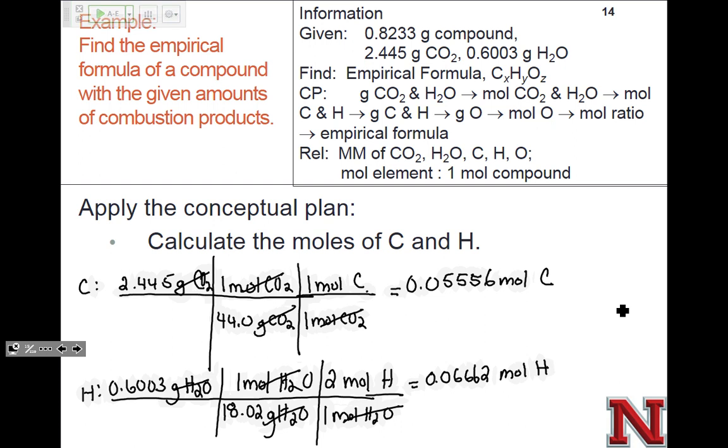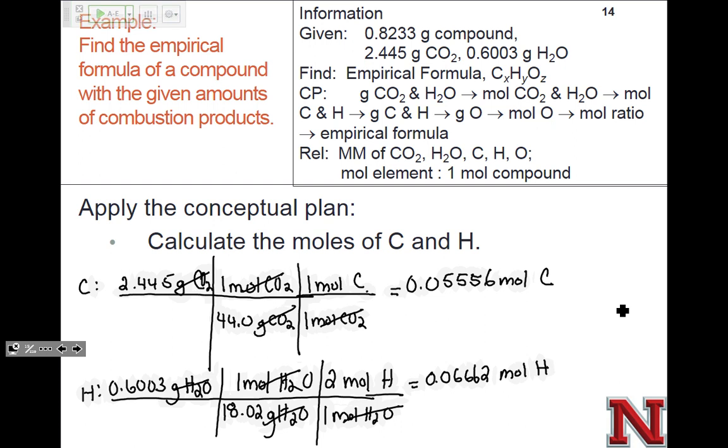So our next step is, of course, we're going to have to convert our moles of carbon and our moles of hydrogen to mass. The other route you could do is convert the mass of your compound to moles, but you couldn't, because you don't know your formula. Unless you know your molar mass, then you could convert it to moles, but we don't.